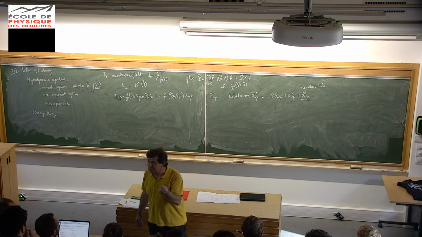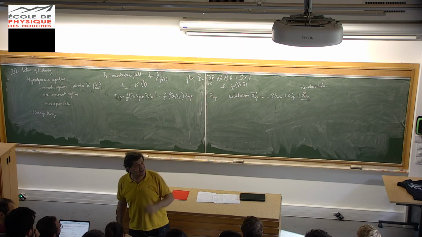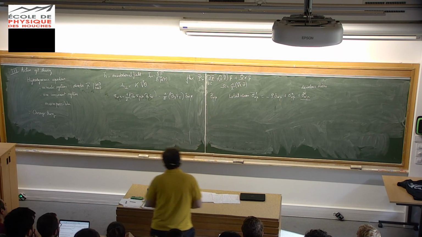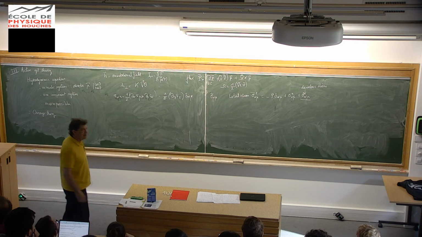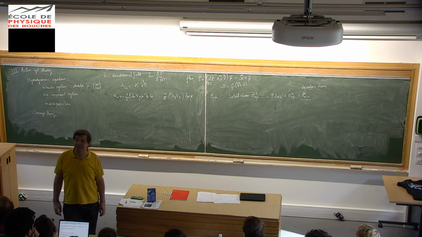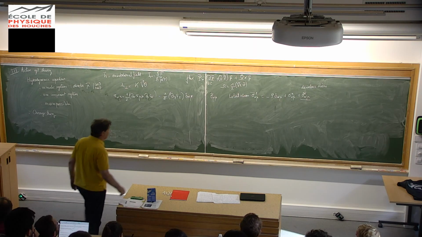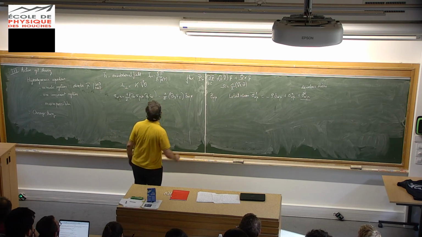ATP is hydrolyzed into ADP, and that provides the energy for most biophysical systems. So when one ATP molecule is consumed into one ADP molecule, you get energy. You get an energy that I call delta mu.